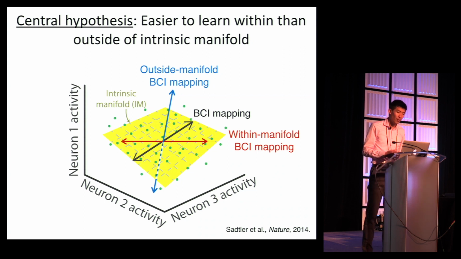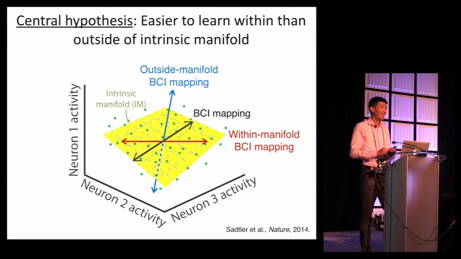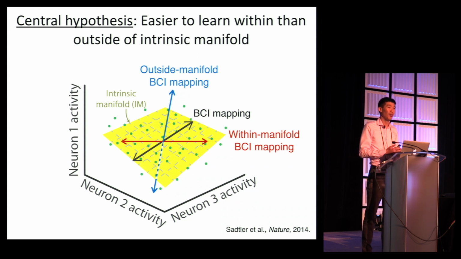Before someone raises their hand and says, isn't this obvious? Why are you even testing this? I want to put two things on the table. The first is that right after the switch in mapping, both types of mappings were equally difficult. So it's not the case that within manifold mappings were initially easy and outside manifold mappings were initially difficult.